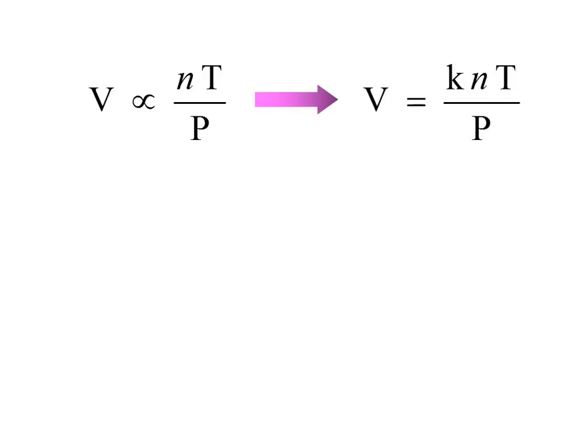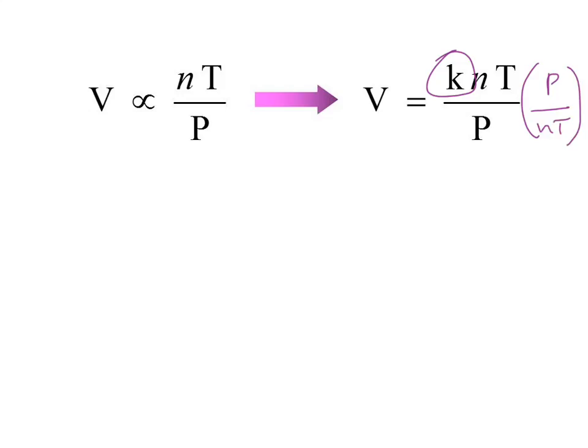So we can say the volume is equal to some constant K times N times T divided by P. Well, if you're like me, I have to be really careful rearranging things. If I want to get K by itself, and you're in good company if you can't do this, concentrate, I'm going to multiply both sides by P over NT.